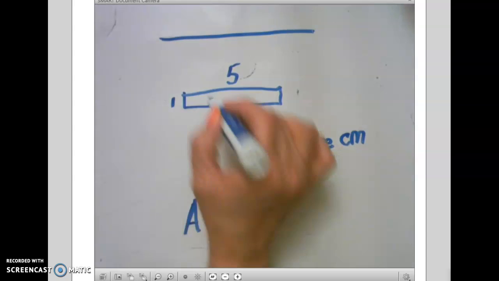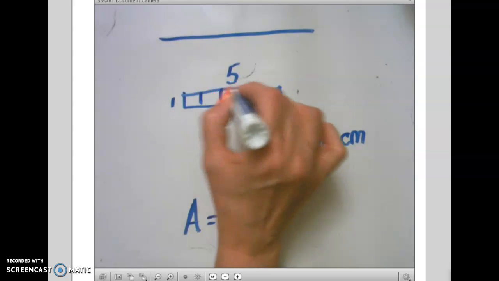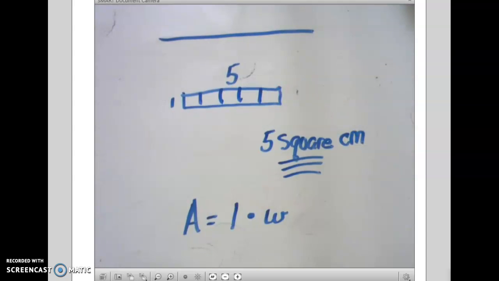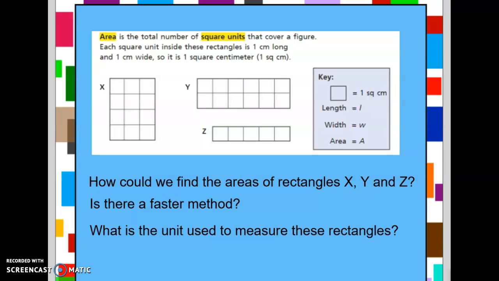It is squares inside an area and they form squares. So, learning about area today means that we are learning how to use multiplication to solve for area. Area equals length times width.